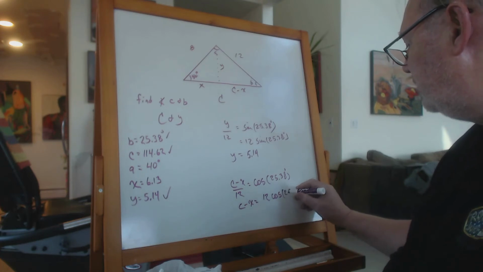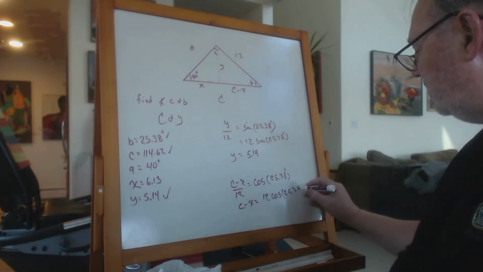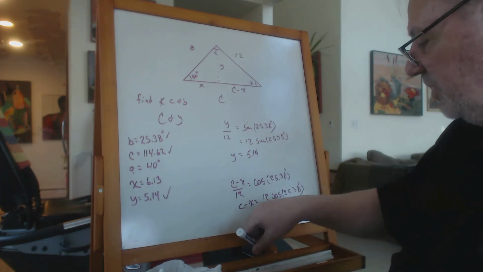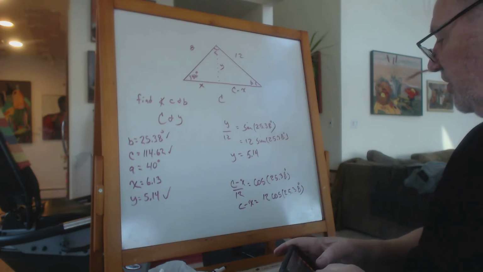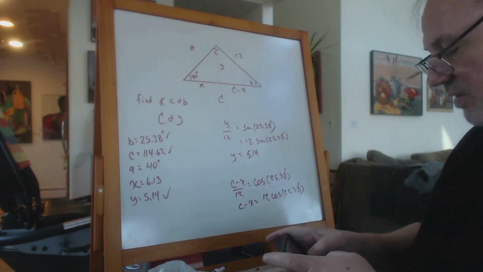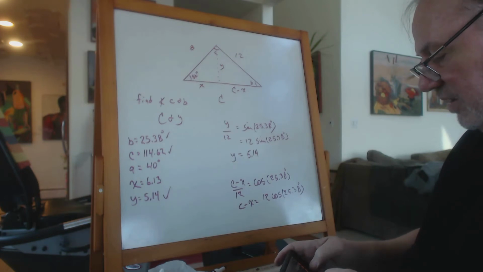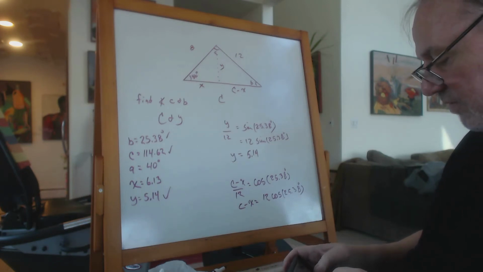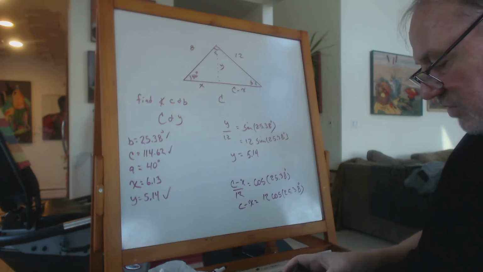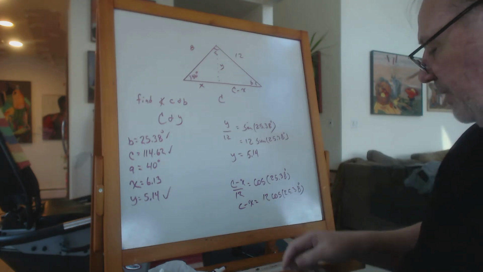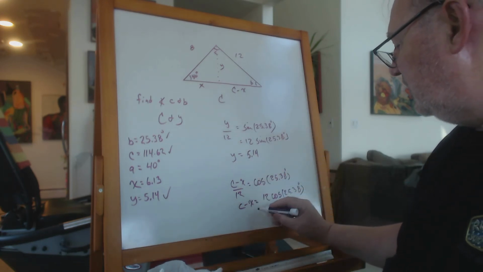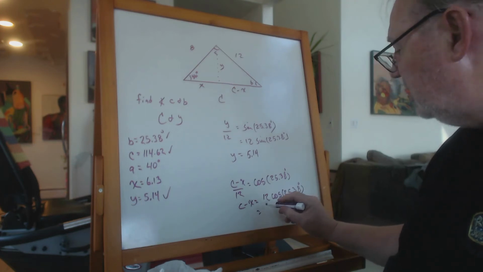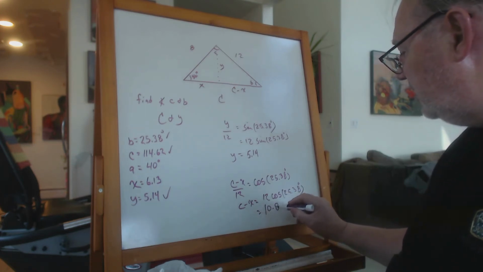There are a number of ways we can get the same answer. So just because I happen to elect that method doesn't mean it's necessarily the preferred way. Okay, so c minus x is 10.8.